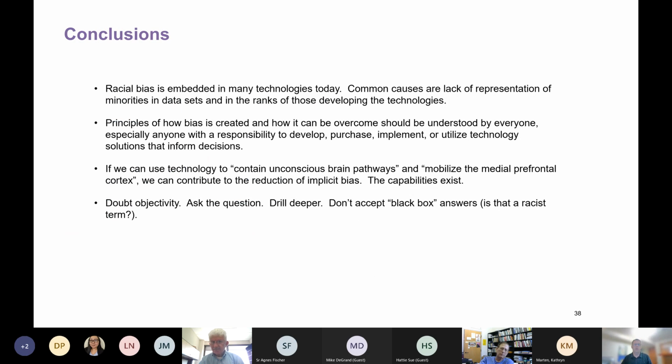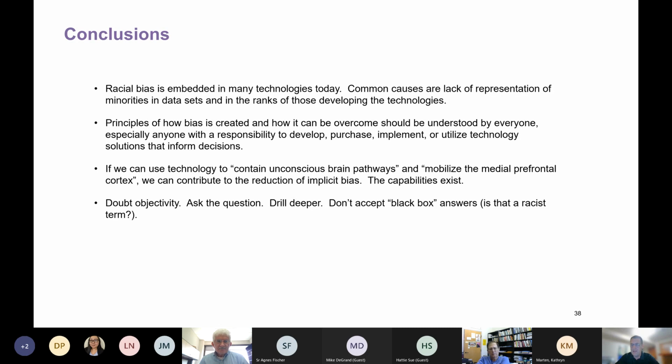So in conclusion, racial bias is embedded in many technologies today. The common causes are lack of representation of minorities in the data sets and in the ranks of those developing the technologies. We've looked at the principles of how bias is created and how it can be overcome, and those principles should be understood by everyone.